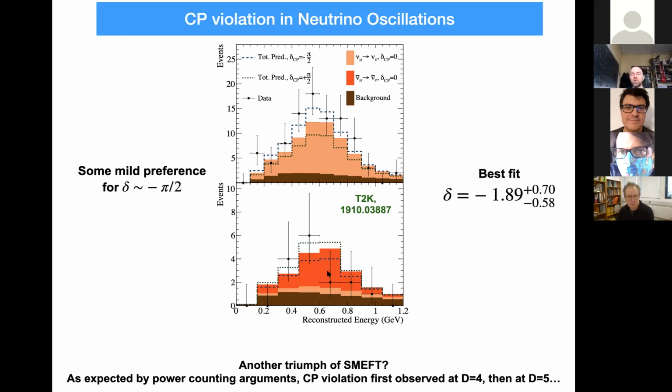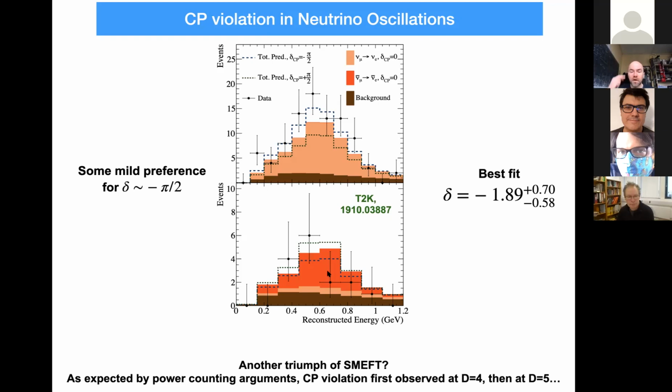We start with dimension 4, then we add dimension 5, then we add dimension 6, and that's what you observe. First CP violation at dimension 4, that was in the 50s of the previous century. And then we observe CP violation at dimension 5, because that's the next place where it should appear. It seems that CP violation is something very generic: wherever phases in the Lagrangian can appear, they do appear.